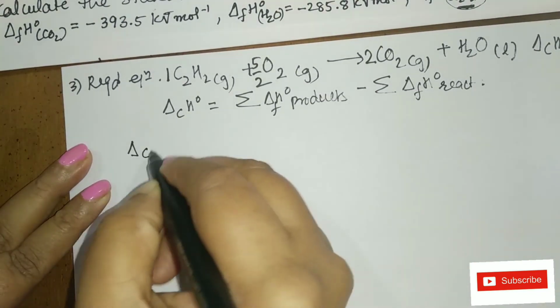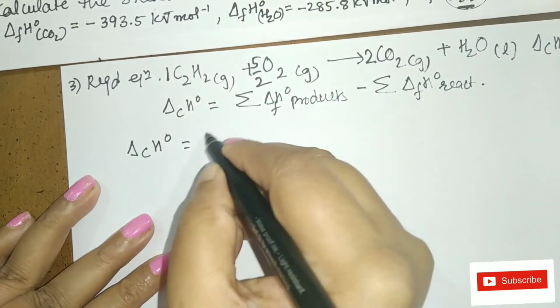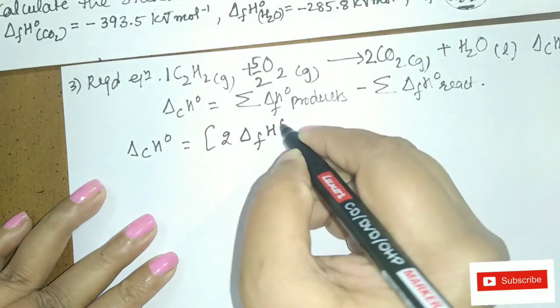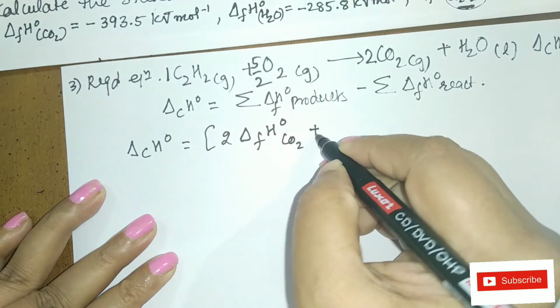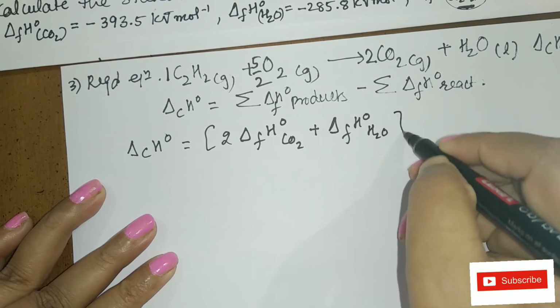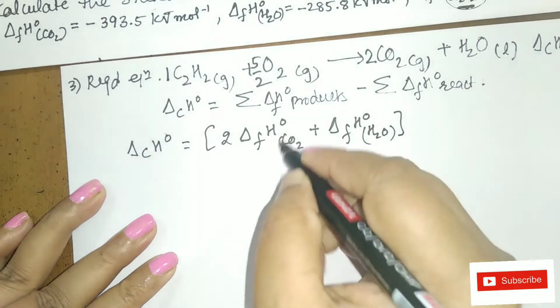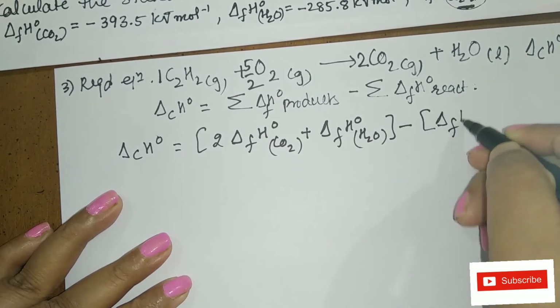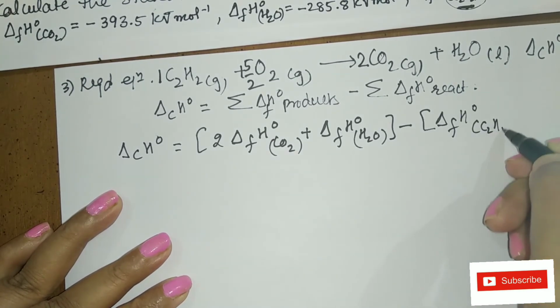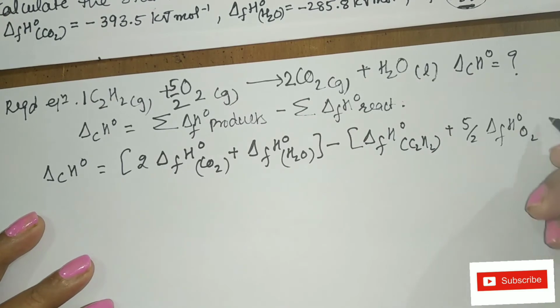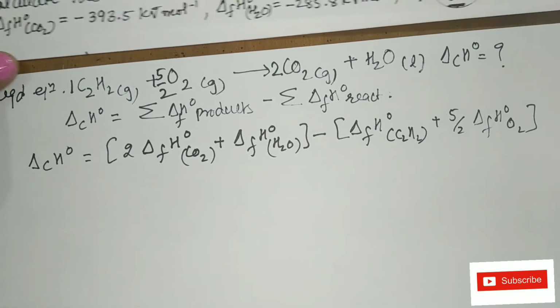So it will be 2 times the standard enthalpy of formation of carbon dioxide plus the standard enthalpy of formation of water. So the product side is over. Let us move on to the reactant side. It will be the standard enthalpy of formation of C2H2 plus 5 by 2 times the standard enthalpy of formation of oxygen. So the reactant side is also over.